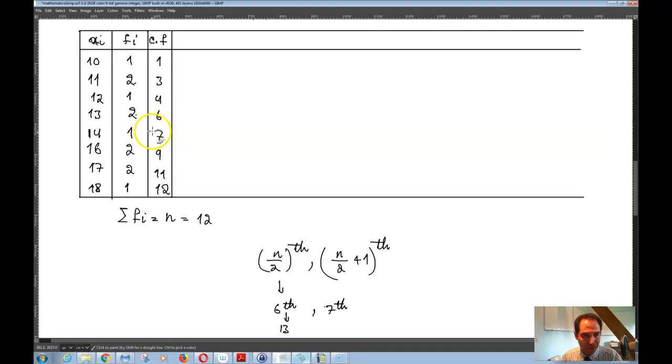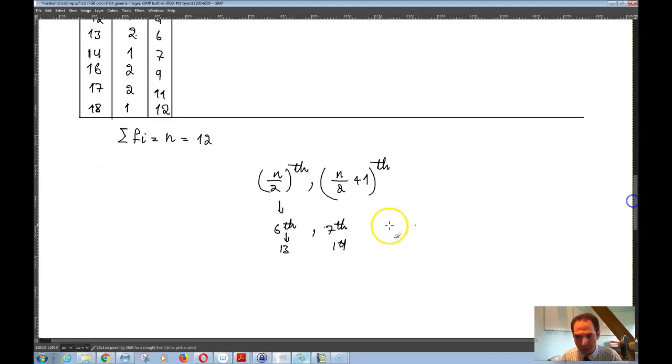My seventh observation is right over here, which is 14. Now, since I got two medians, 13 and 14, I have to take the mean of these two observations in order to get just one median. And the mean of these two observations is going to be 13.5.